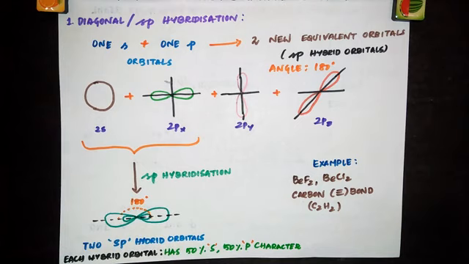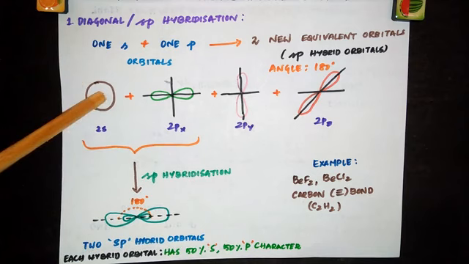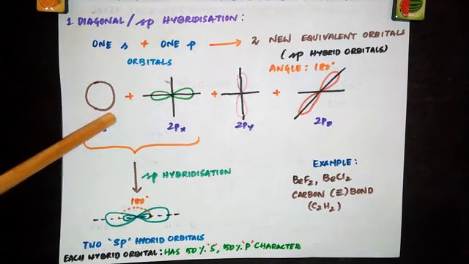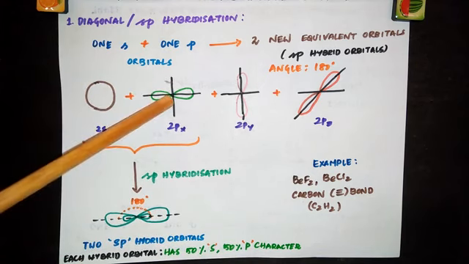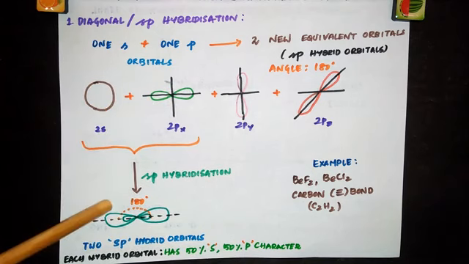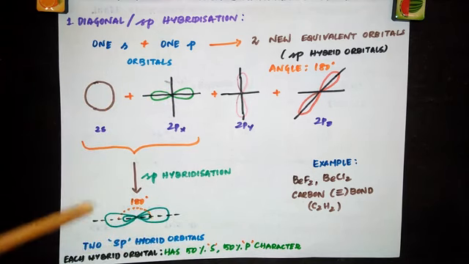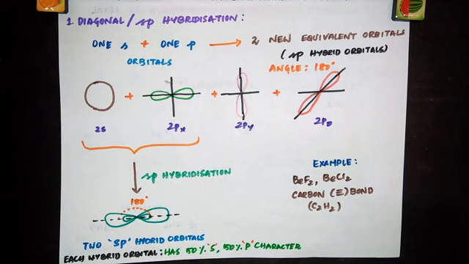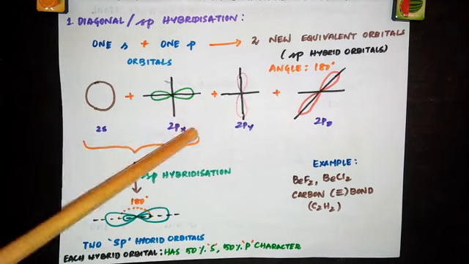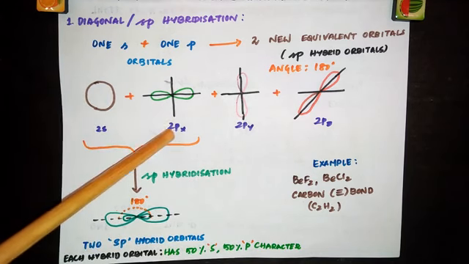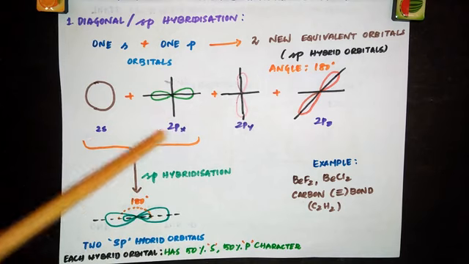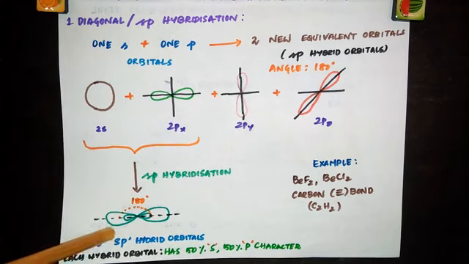I told you the number of new hybrid orbitals formed depends upon the number of atomic orbitals undergoing hybridization. Here 2 atomic orbitals are undergoing hybridization, so you are getting 2 hybrid orbitals. And the name of the new hybrid orbitals also comes from the orbitals undergoing hybridization. Here s and p are undergoing hybridization, so the new hybrid orbitals are called sp.